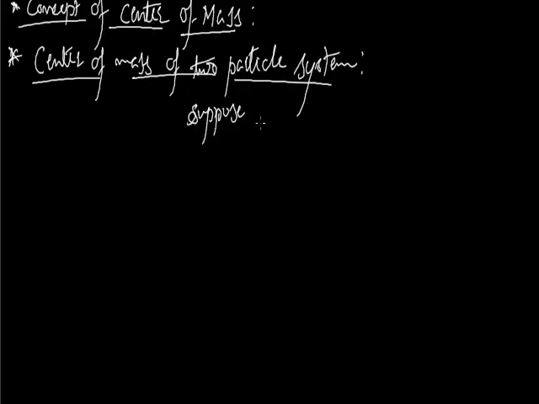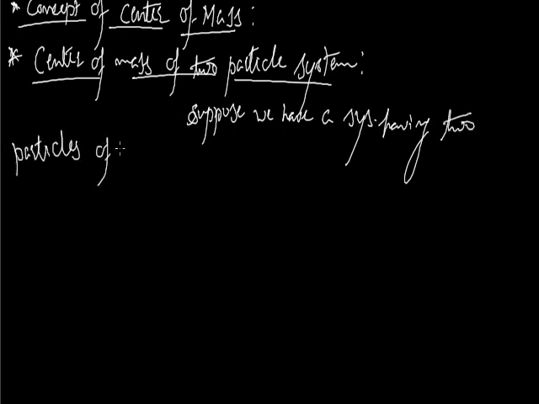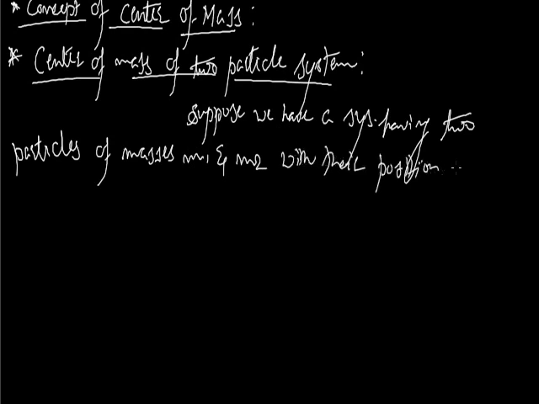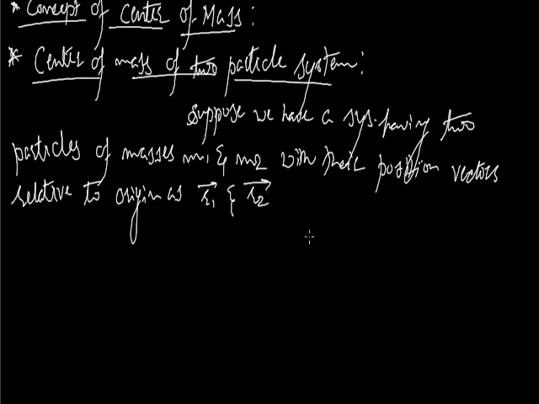Suppose we have a system having two particles of masses m1 and m2, with their position vectors related to origin as R1 vector and R2 vector respectively.